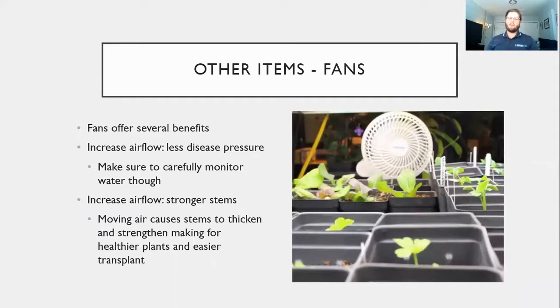The added benefit of that increased airflow is actually stronger stems too. So leggy starts are really the enemy of someone trying to be successful with seed starting. And this is similar to the reason that I mentioned rotating our plants.